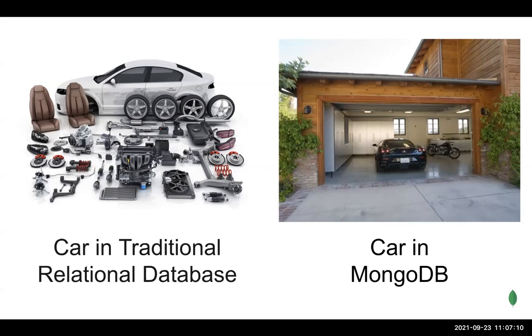So in MongoDB, we can have all of those attributes of a car contained within the car itself. That's an abstract example, and I just wanted to get you thinking about the differences between relational databases and document data models.